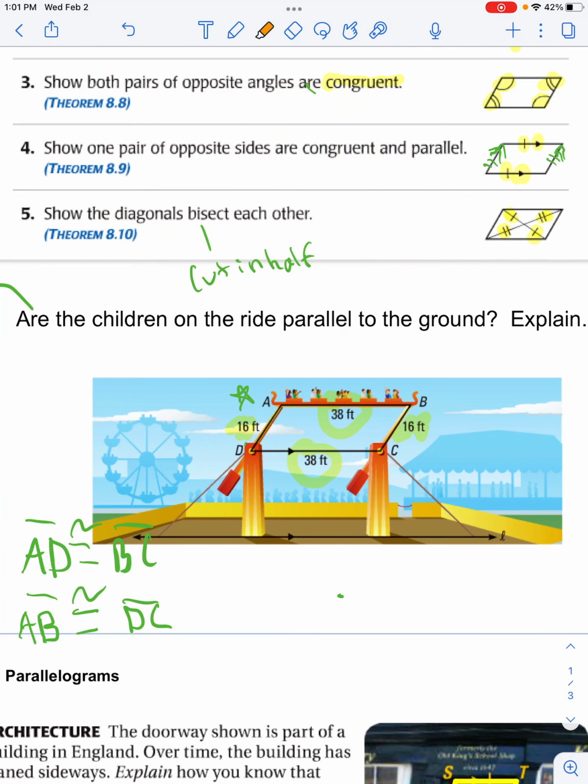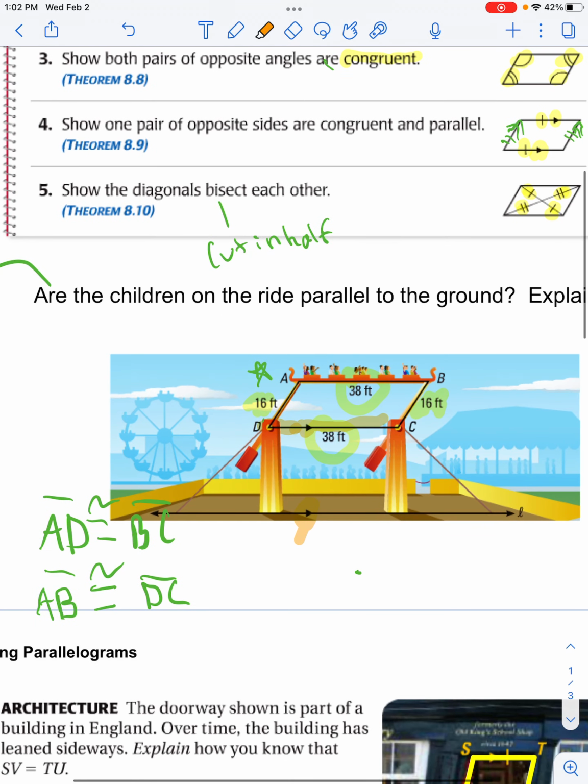We see that this line is parallel to this line here. The line on the bottom, line L, is parallel to line DC, which is true.